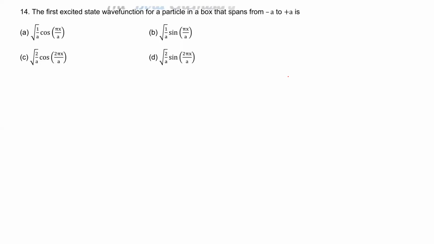Question is: the first excited state wave function for a particle in 1D box that spans from -a to +a is, okay, so 4 options are given to us. The question is the first excited state wave function.